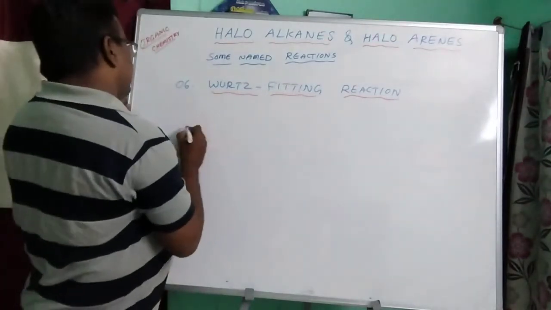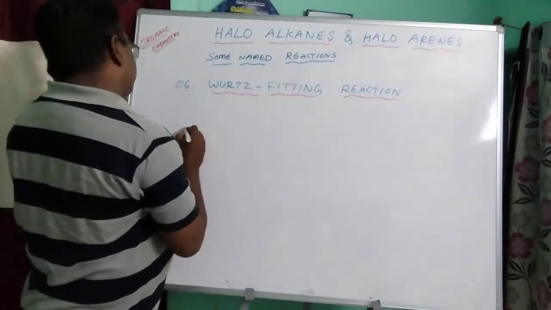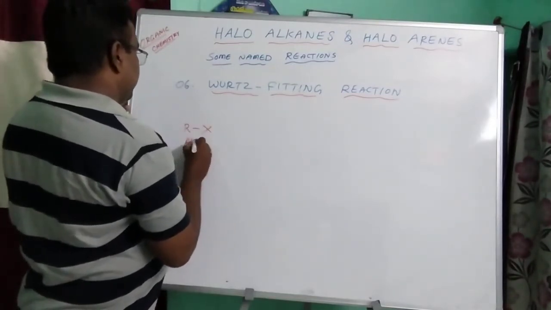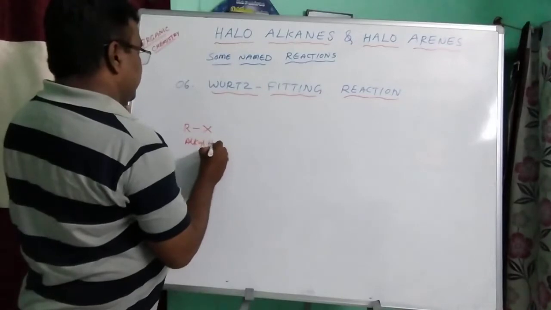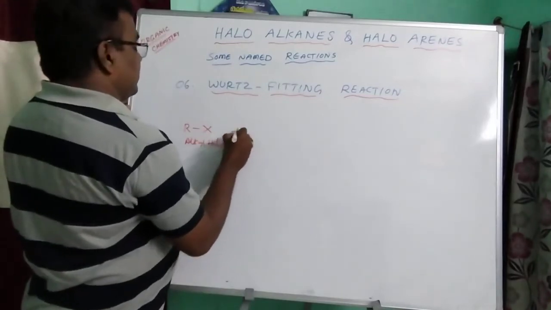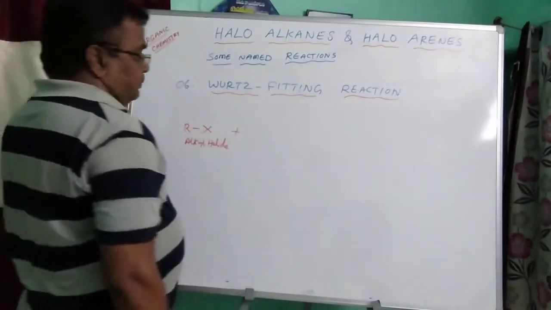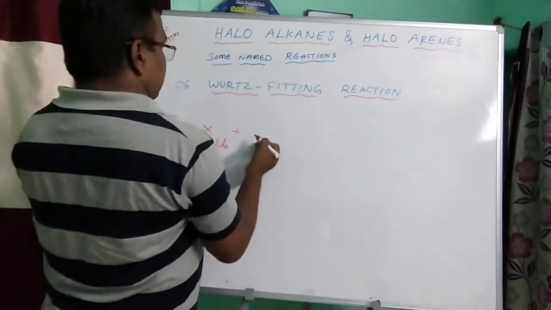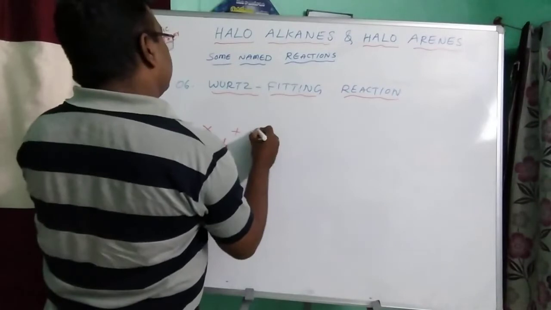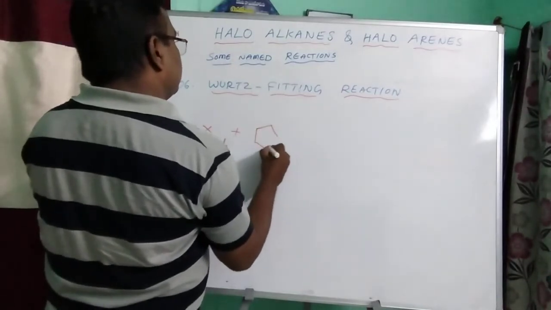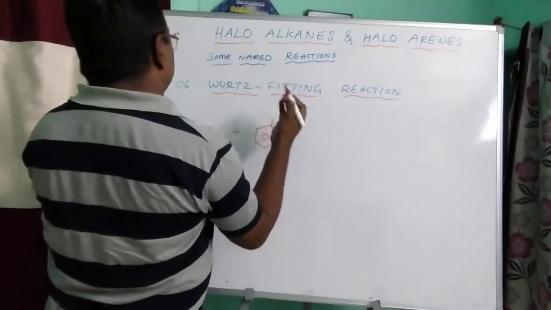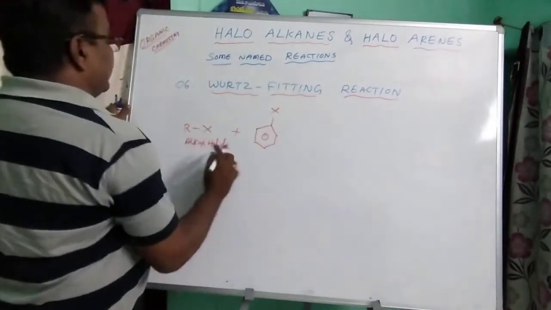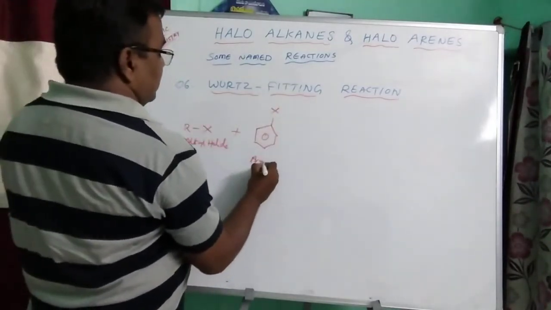For example, let me take R dash X, this is alkyl halide, and this is aryl halide.